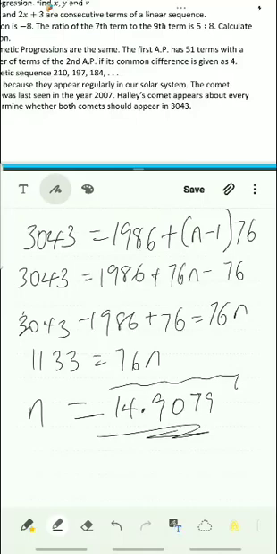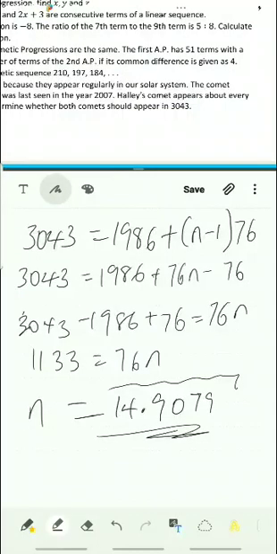Okay, so that ends the tutorial for module 1. Watch out for the next video tutorial that comes with module 2, where we're going to be treating the exponential sequence and looking at the nth term of an exponential sequence.